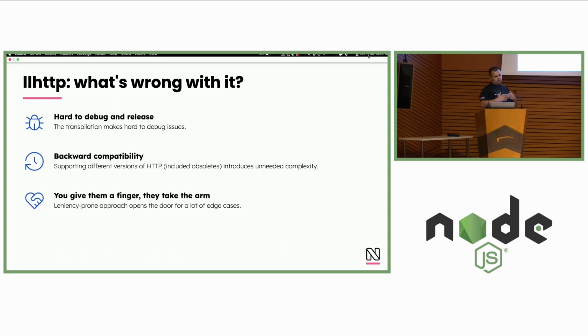Now, what's wrong with LLHTTP? It's very hard to debug and release because you have to transpile, release, and if you want to debug an issue in the transpiled version, it's pretty hard. It also has a problem with backward compatibility. LLHTTP aims to also support HTTP 0.9 and 1.0, which were obsoleted like 20 years ago, so there's absolutely no point in supporting such old protocols.